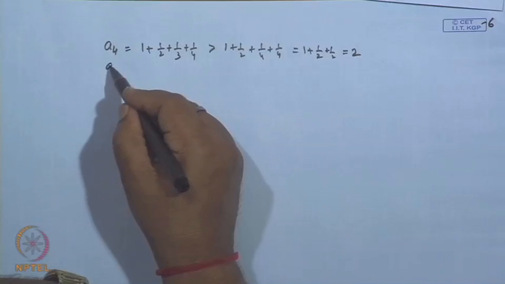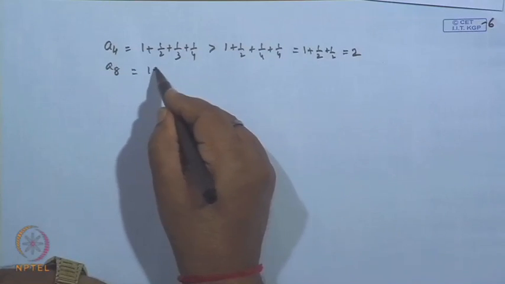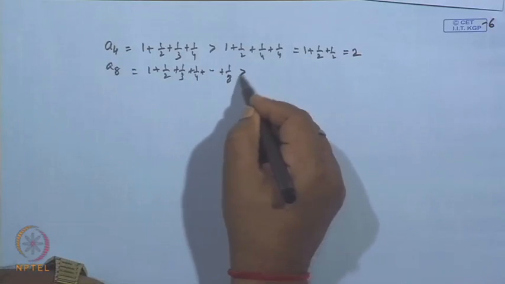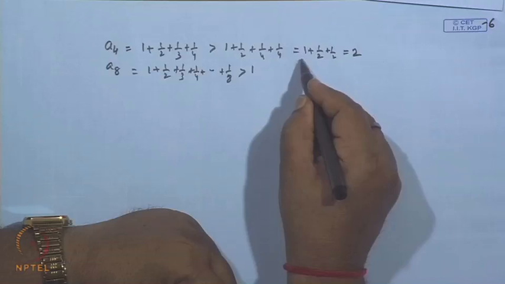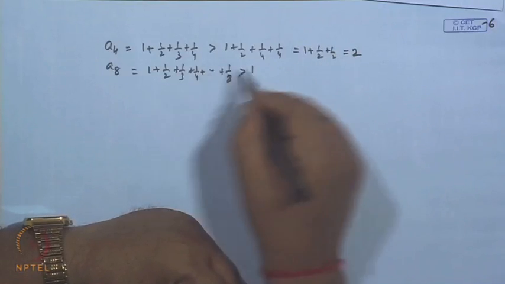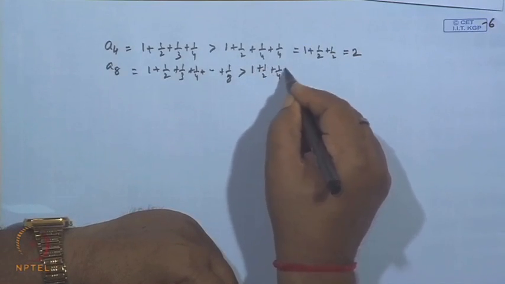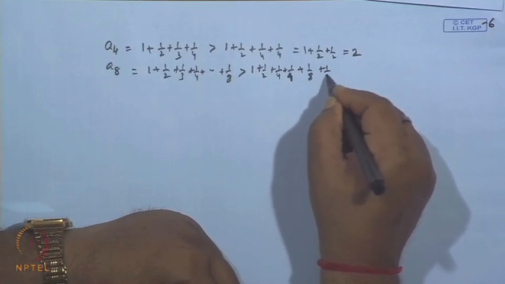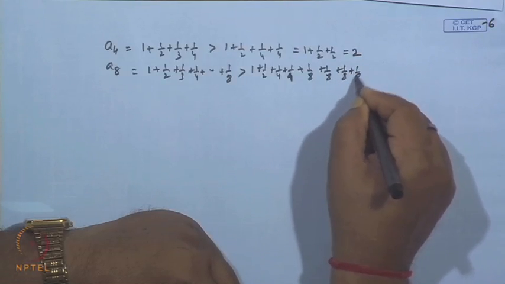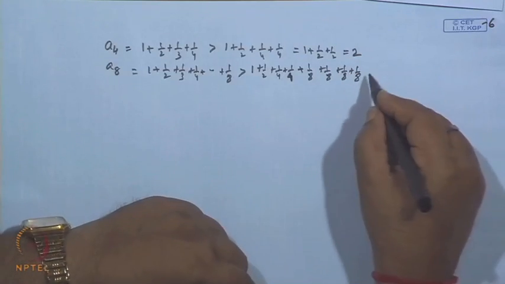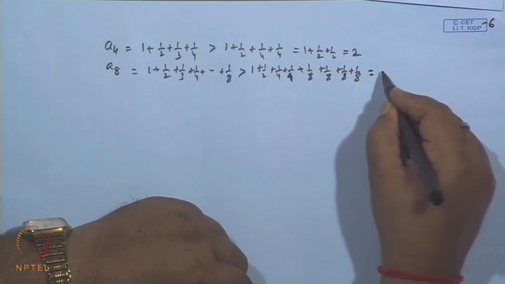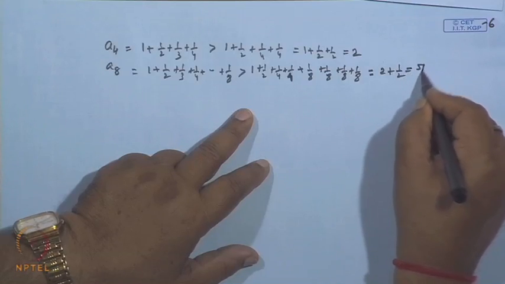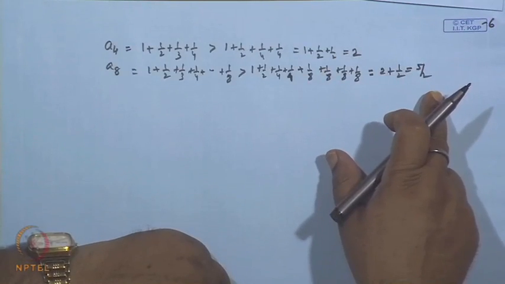So, this is then A8 will be 1 plus half, 1 by 3, 1 by 4, and then 1 by 5 onward you write 1 by 8. So, what happens is this gets equal to 2 plus 4 by 8. 4 by 8 means half, that is equal to 5 by 2. So, increasing. 5 by 2.